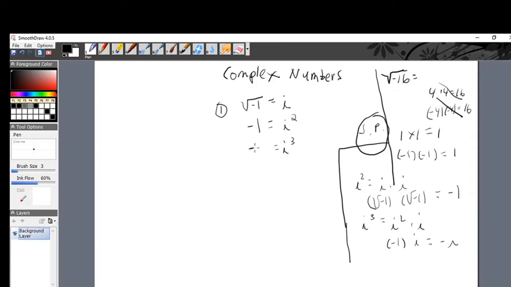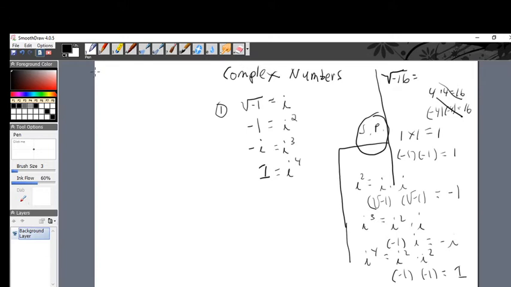Here is i cubed is equal to negative i. And the last one you need to remember, there's 4 of them, is i to the 4th. What's i to the 4th? i to the 4th can be broken down into i squared times i squared. 2 plus 2 is equal to 4. i squared we know is equal to negative 1. Another i squared is equal to negative 1. Multiply them together and you get positive 1. So here are the 4 things that we're able to build. i to the 4th is equal to 1.